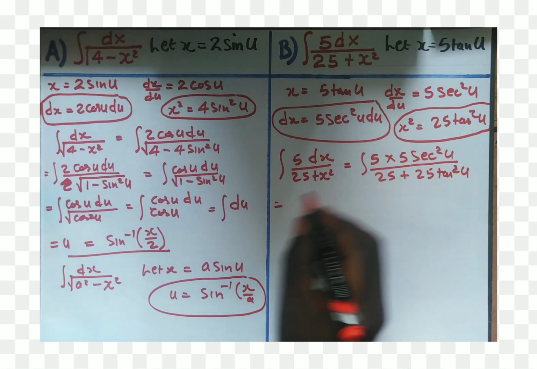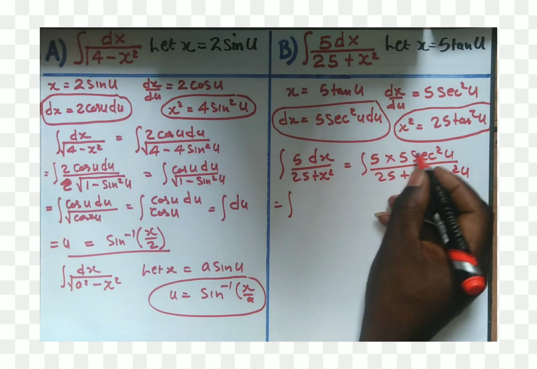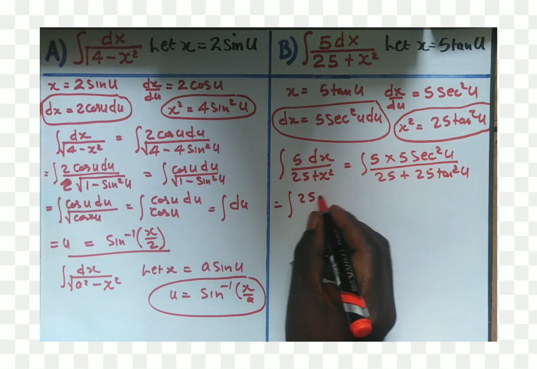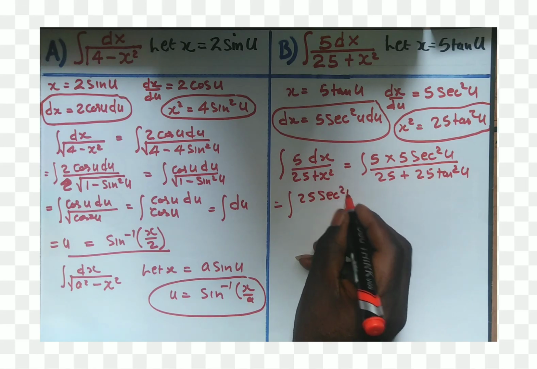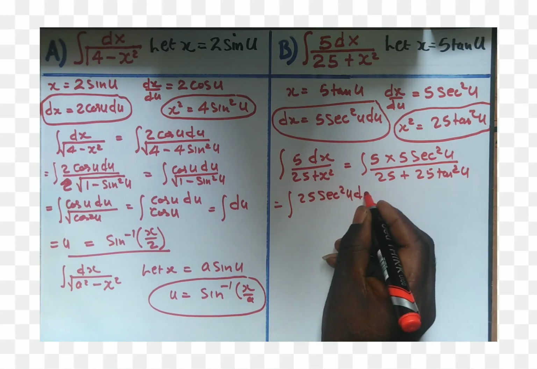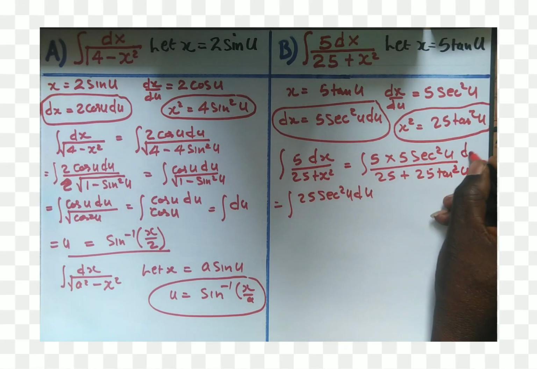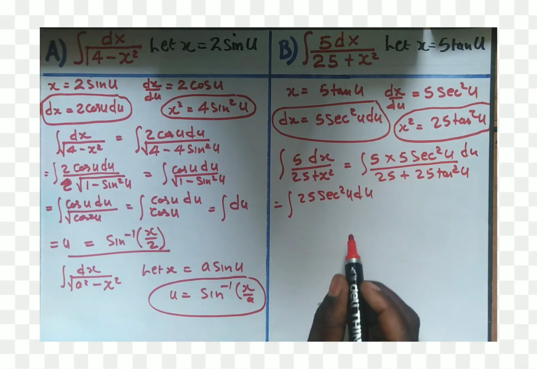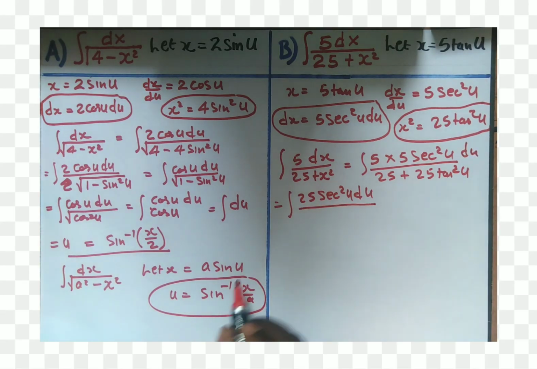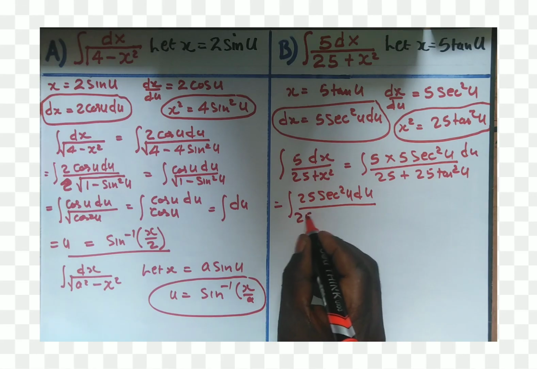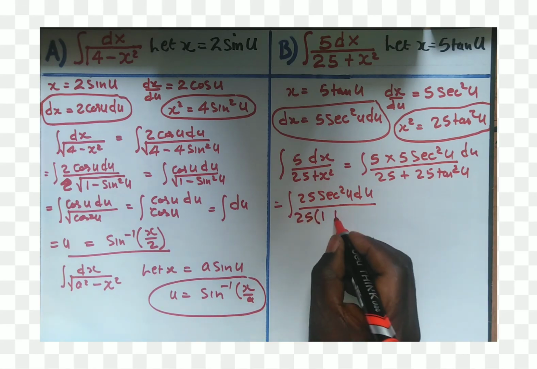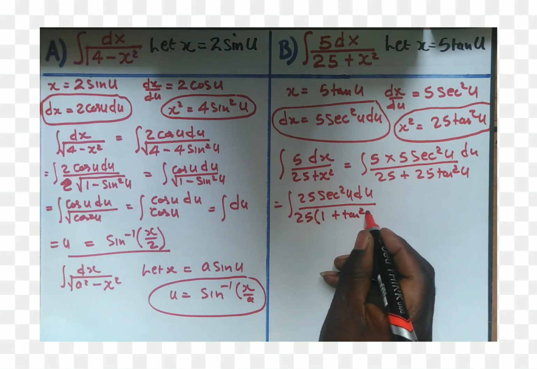So on top we have 5 times 5, which is 25 sec squared u du. Down here we factor out our 25 to get 1 plus tan squared u.